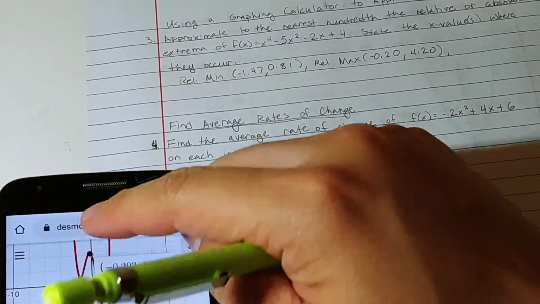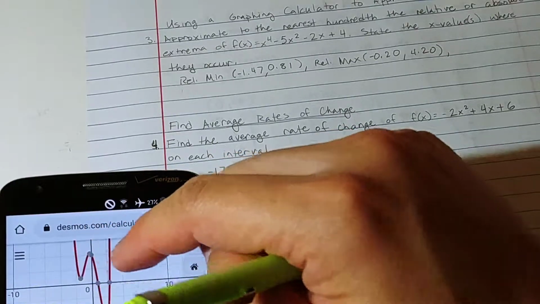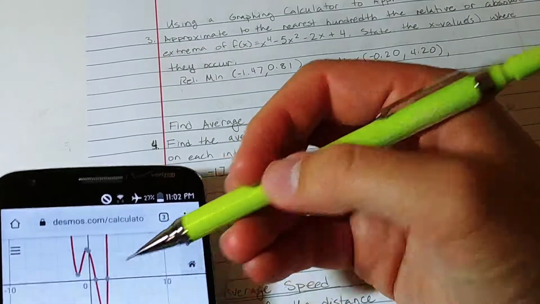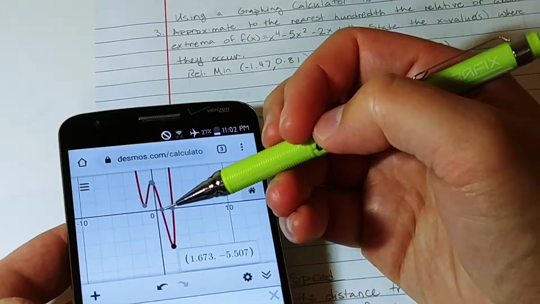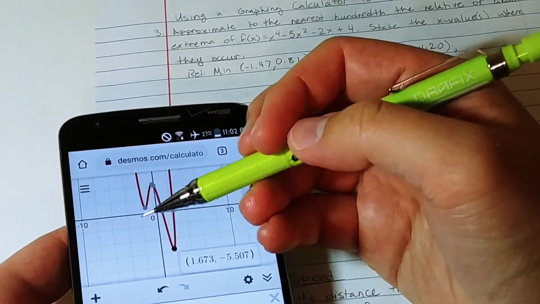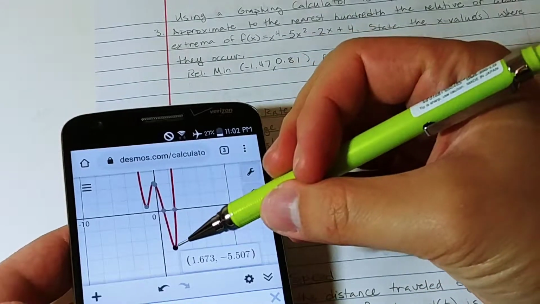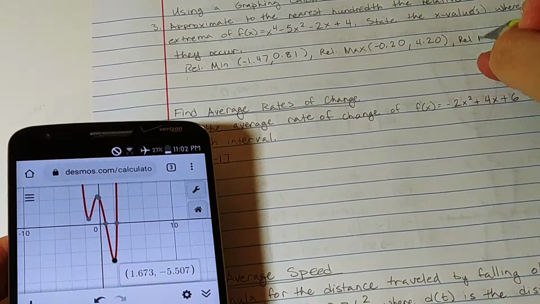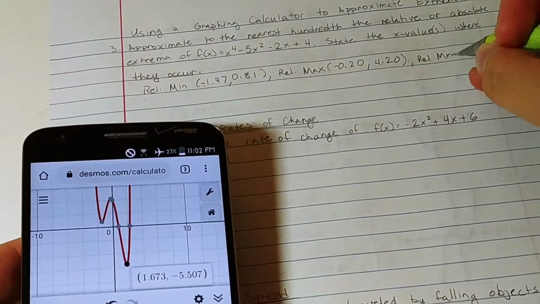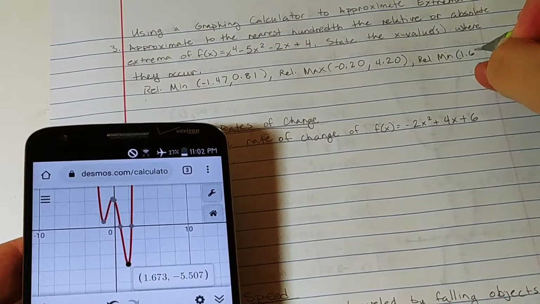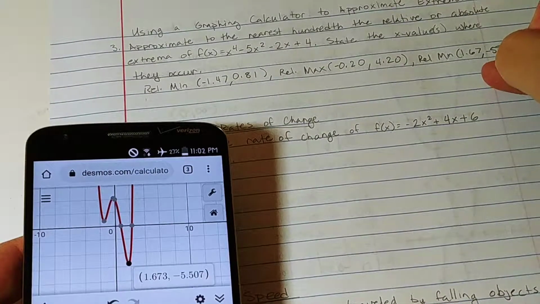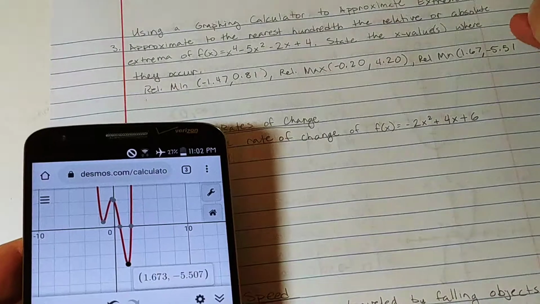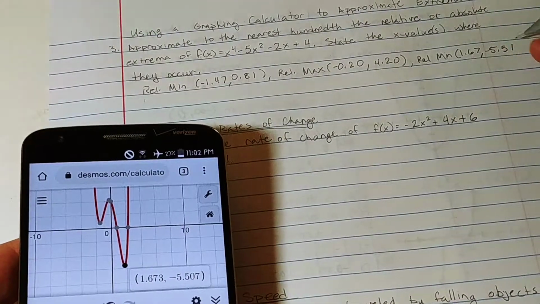And then deselect those. The next one. So these are x-intercepts here. Okay, not what we're looking for. We're just looking for extrema, minimums and maximums. Here's another turning point, another minimum. Relative min at 1.67, comma, negative 5.51. And that's it.